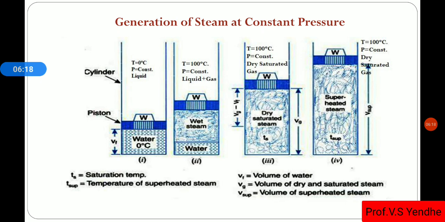What happens here? Whenever we heat the cylinder again at 100 degree Celsius, the temperature is not going to increase in this case. So the wet steam from the previous diagram is converted completely into dry saturated steam.